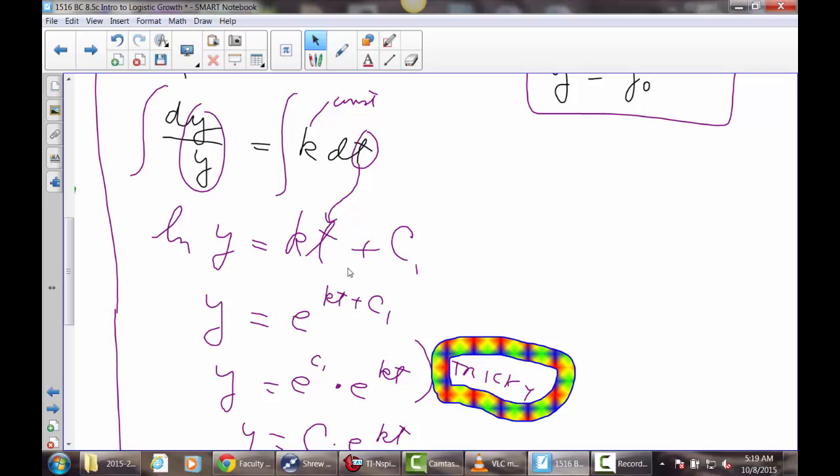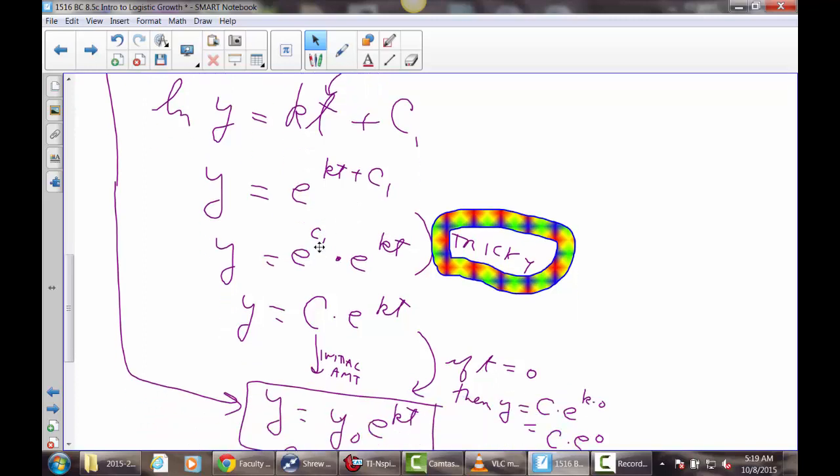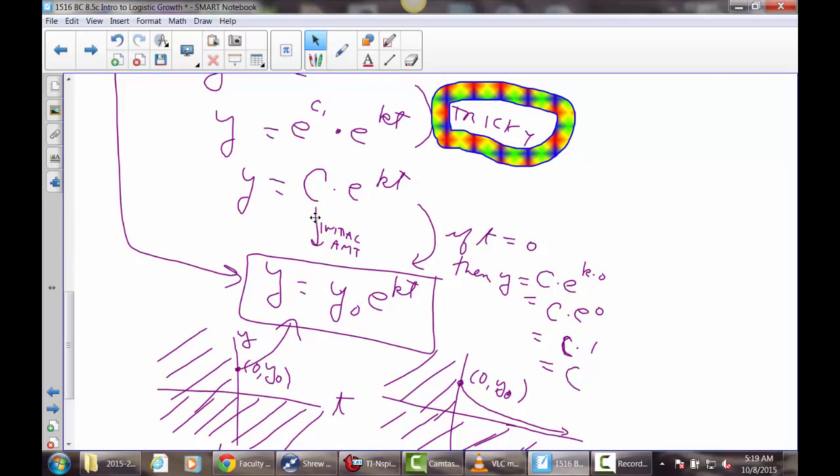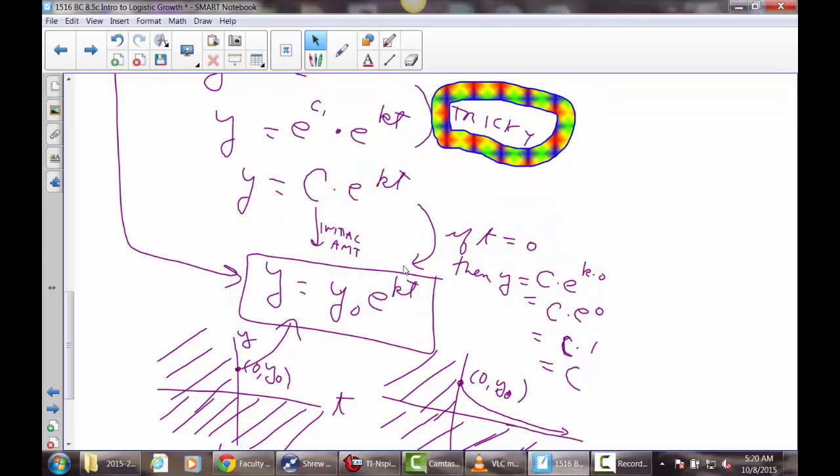Get rid of the ln, that's e to the power of, and then the tricky part is breaking this quantity up into e to the c1 times e to the kt, because remember, if you multiply two things with the same base, you add their exponents. e to a constant is simply another arbitrary constant, and rather than calling it c, we call it y0, because if I take this equation and replace t by 0, I get y equals c times e to the 0, which is c. So c is the amount at time 0, meaning it is the initial amount.